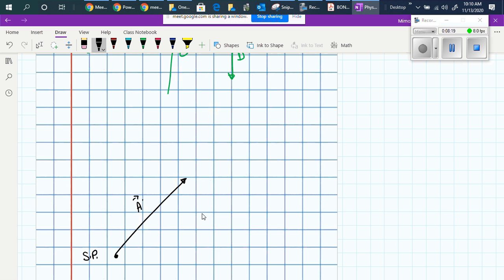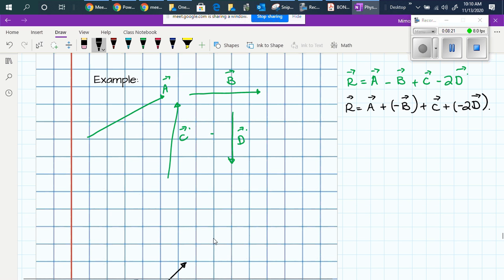Okay, and now the relationship dictates negative B. If we were plotting B, then we would go something like this. Okay, this will be vector B. But actually, the relationship is dictating that we go negative B. Opposite vector means the same magnitude, opposite direction.